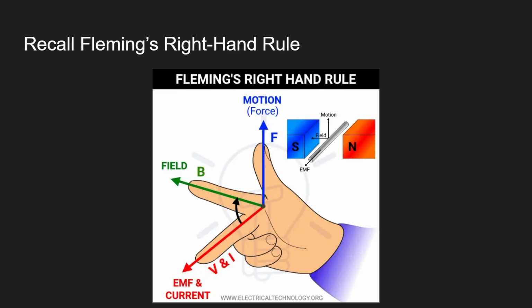This right hand rule helps us to know the direction of the induced current. When we have a wire moving through a B field, a magnetic field, we will have induced current in this direction. B field, NS, then the current, then the moving direction is like this.